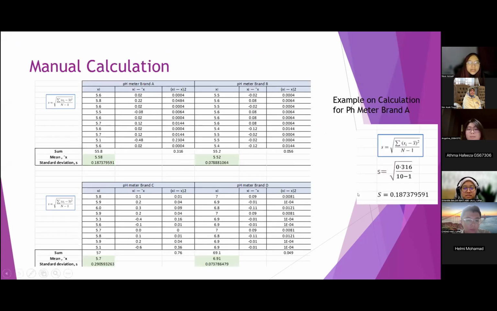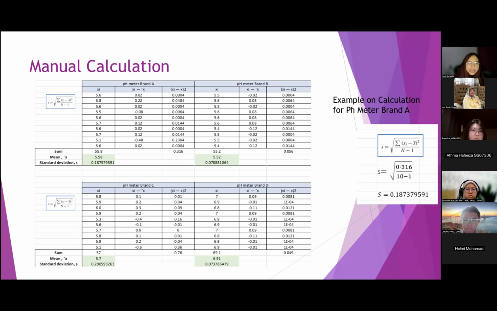Okay. This is a manual calculation, if we want to find the mean and also the standard deviation. As we know, mean is the average of all the observations, and the standard deviation is the square root of the variance, and this is the formula for the standard deviation. From here we can get the mean by dividing the sum of this data by the number of samples.